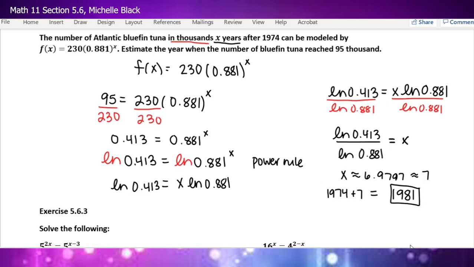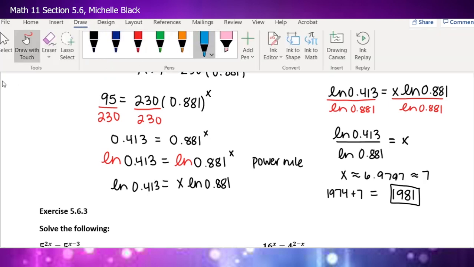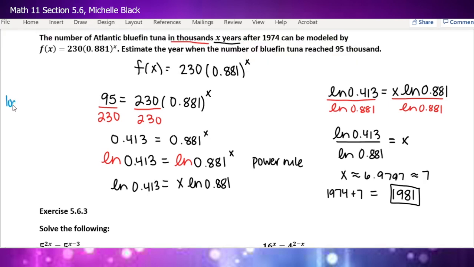I think that's pretty cool how you can just use the natural log and then utilize the power rule. But if you wanted to do it the way we've been doing it, you definitely could have done log base 0.881 of 0.413 and then log of that same base on the other side.